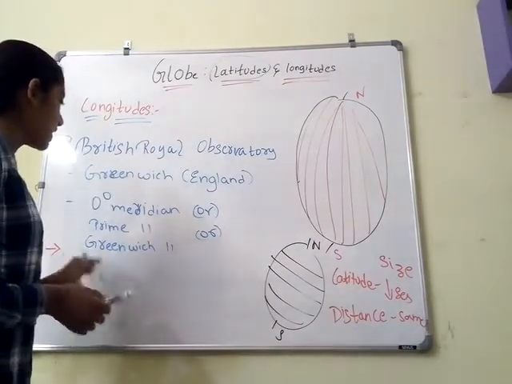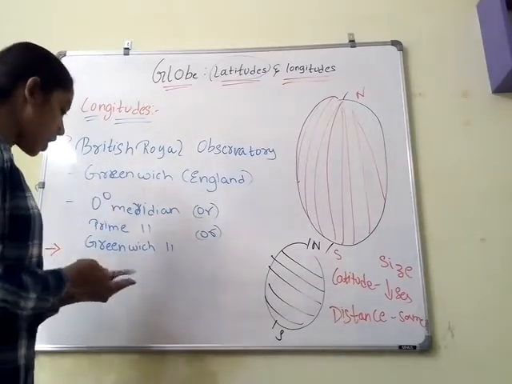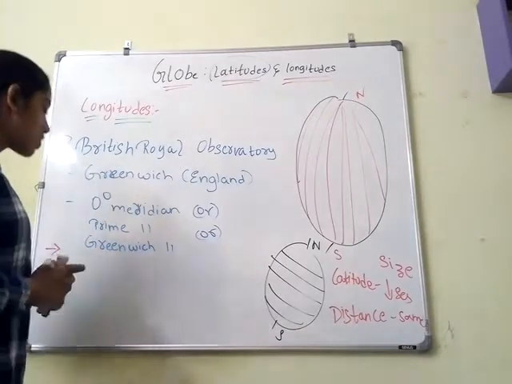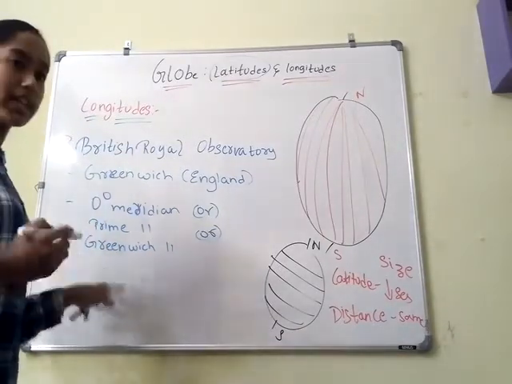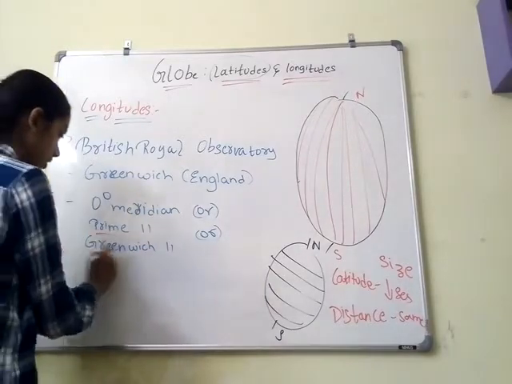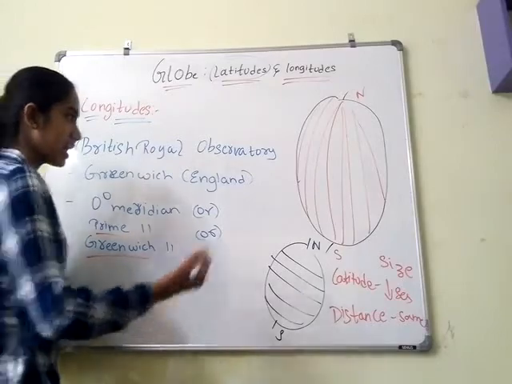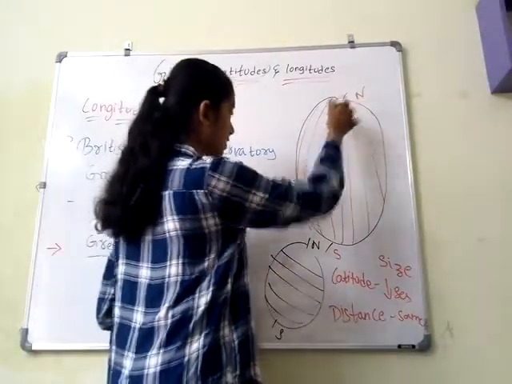So this prime meridian or Greenwich meridian is 0 degrees longitude. This prime meridian divides the Earth into two equal halves. Let's draw one.